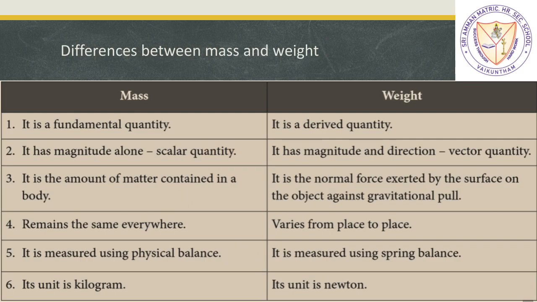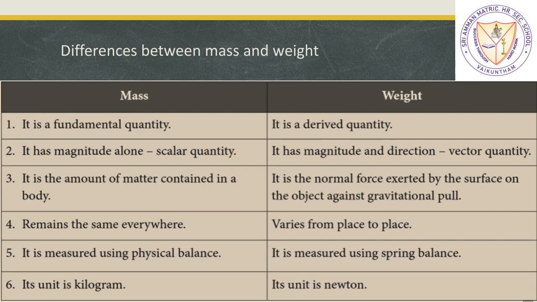So it is called a scalar quantity. A quantity which has only magnitude is called a scalar quantity. Here the mass has only magnitude, it does not have any direction. That's why it is called a scalar quantity. Coming to weight, it has magnitude.